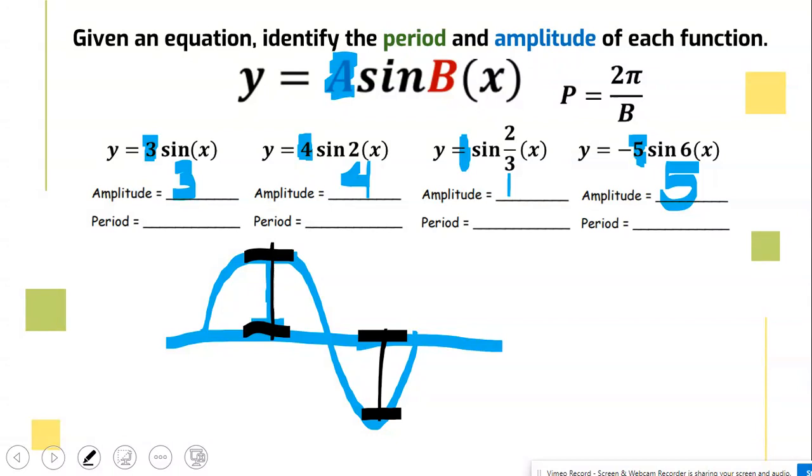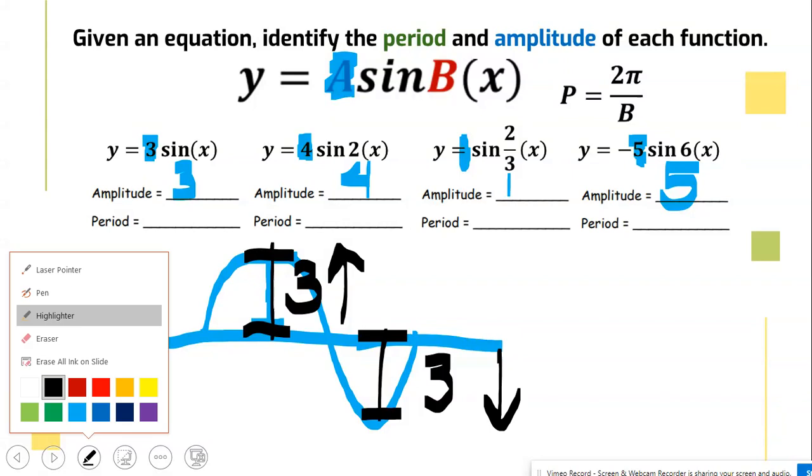So we always said this was 3 and this was 3. They're always 3. It's just this is 3 going in the positive direction and this is 3 going in the negative direction. But just like your odometer doesn't go negative when you turn around and go home at the end of the day, distance is never negative. So amplitude is always going to be a positive value.